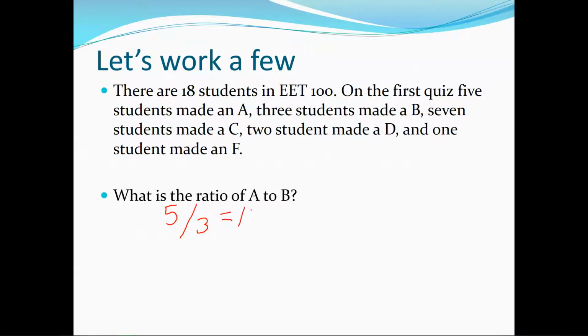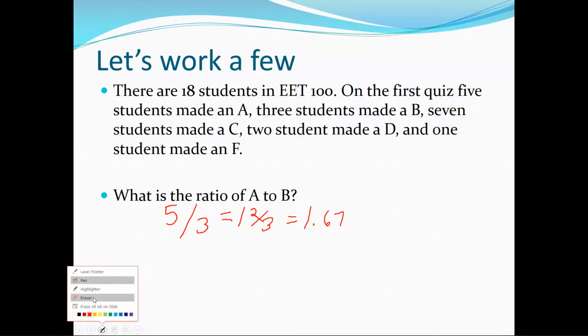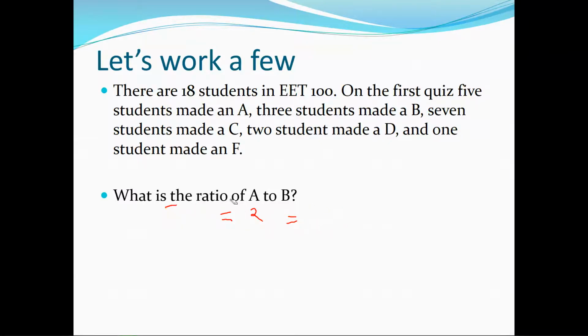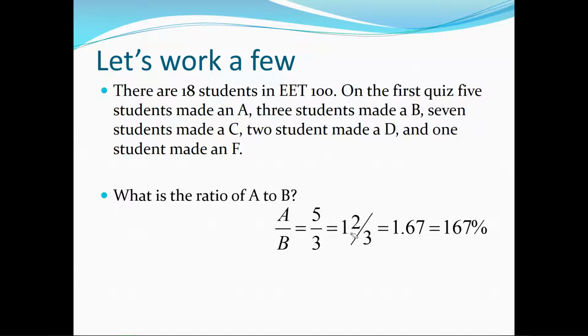You get 1 2/3, or 1.67. So we end up with 5/3, which is equal to 1 2/3, 1.67, or 167%. So more people made A's than B's.